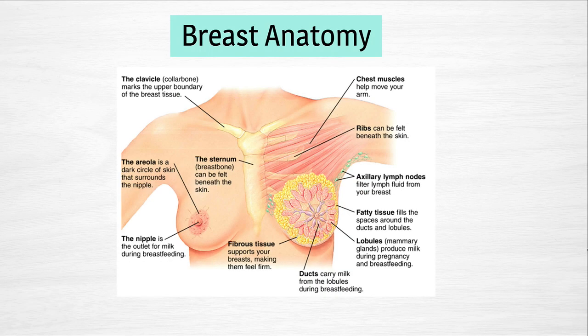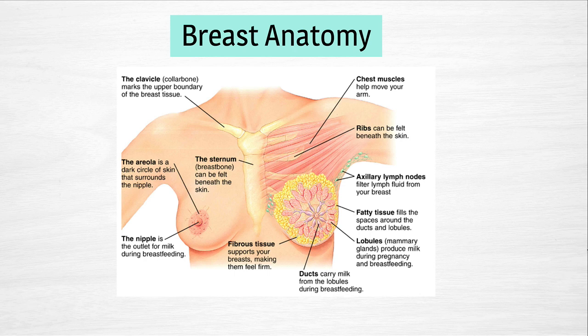So let's start with the breast anatomy. The breast sits on top of the pec muscle, and it is a complex, mostly fatty tissue, but embedded within the fatty tissue are the actual mammary glands. These mammary glands produce breast milk, and they are separated into lobes, which are further divided into lobules, almost like grapes on stems.